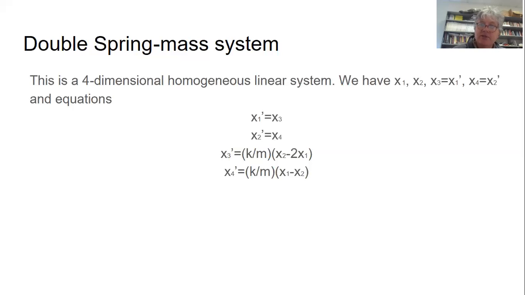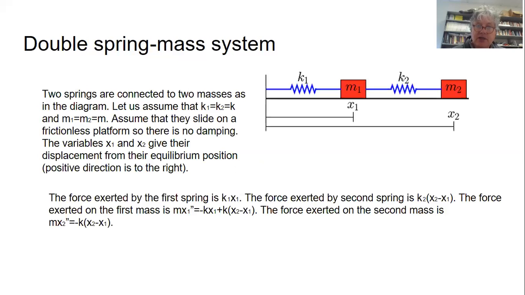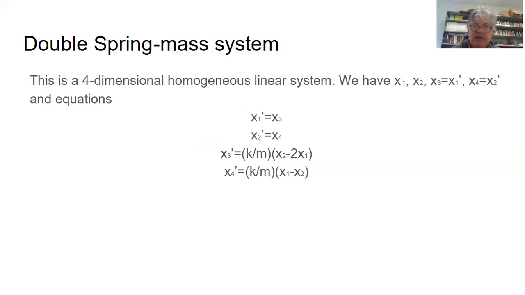The interesting one, of course, is for x3 prime and x4 prime. For x3 prime, we have x2 minus 2x1, because we're adding up what's happening with the springs. And for x4, we've got x1 minus x2 in there. Okay, and that's it. Thank you.